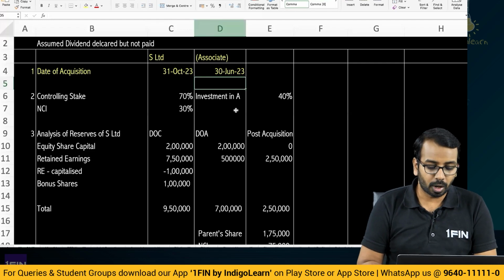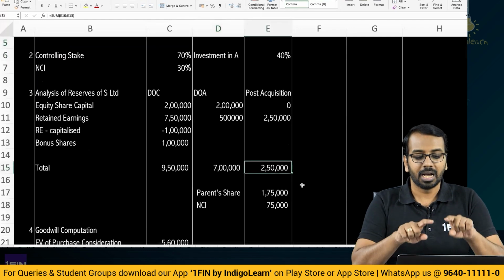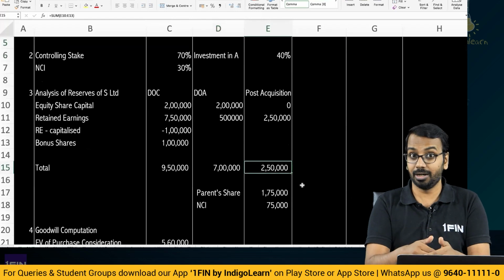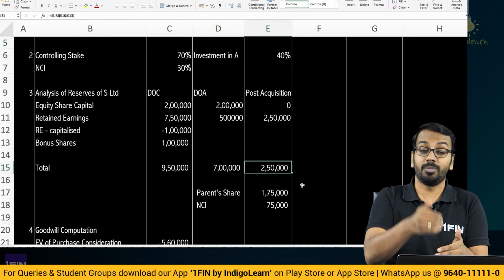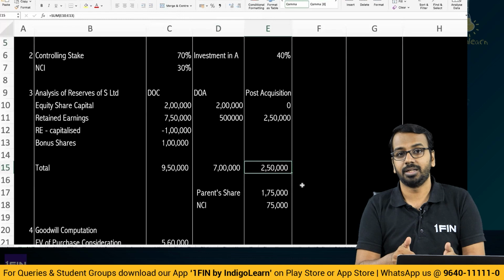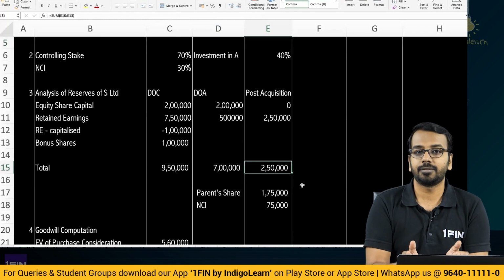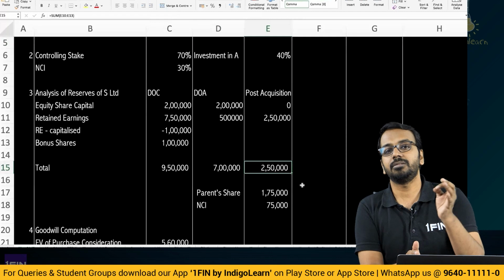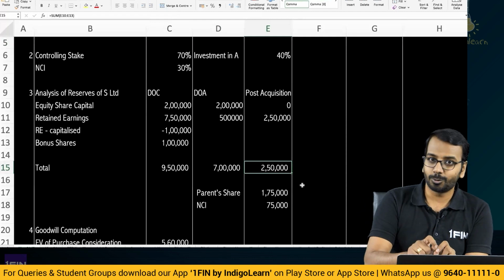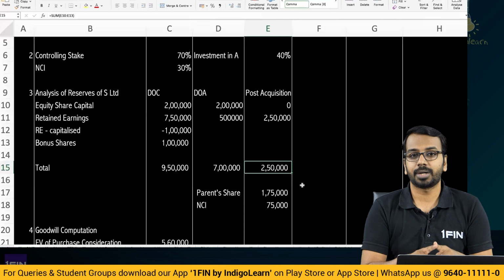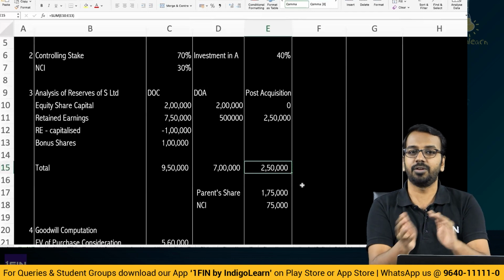Meaning to say, whatever profit they made, 2,50,000 out of the overall post acquisition profit. Again, the assumption here is that the dividend has been made out of post acquisition profit. From that 2,50,000 the dividend has been paid. Paid to whom? When the subsidiary pays dividend to the parent, that is an intra-group transaction, we will eliminate it, we will not consider as if dividend has been paid.